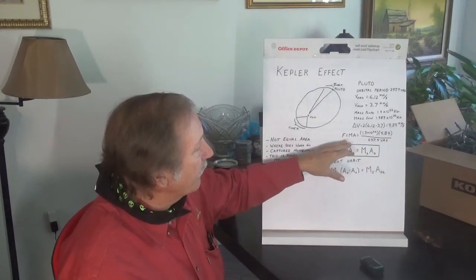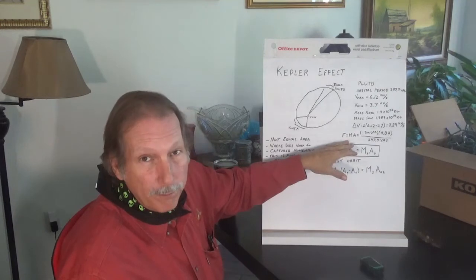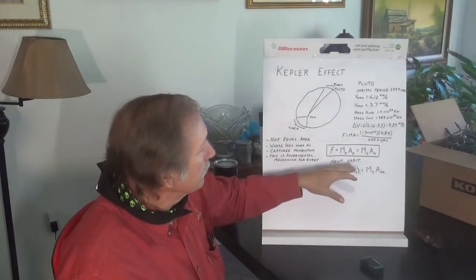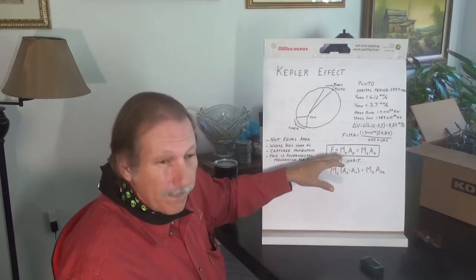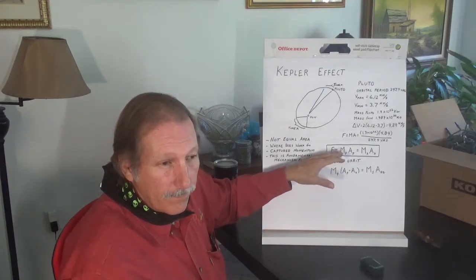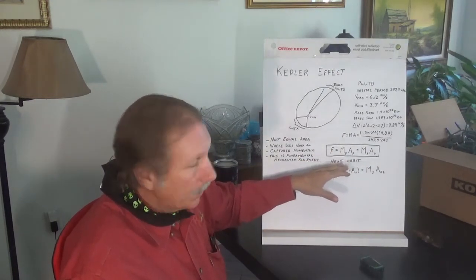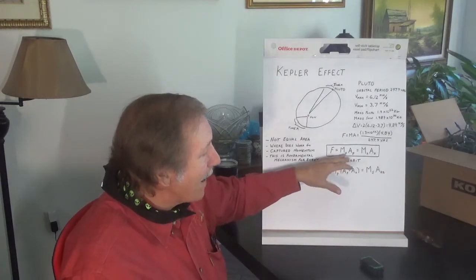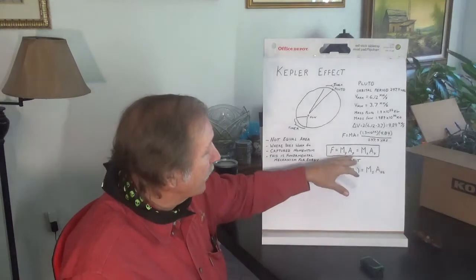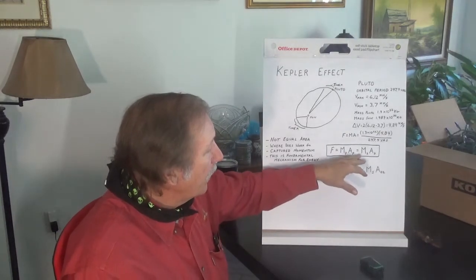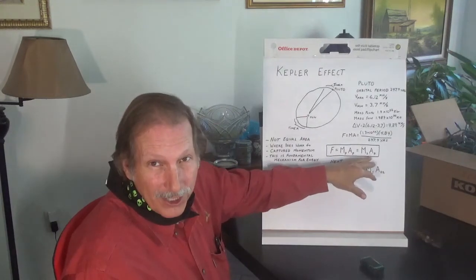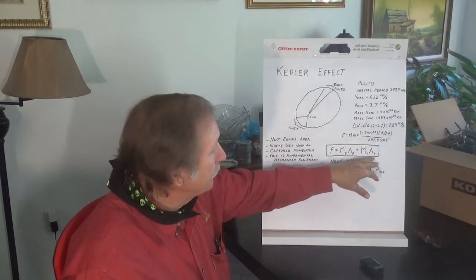So this gives us a force equation for Pluto exerting on the sun. If we equate those, we get the formula that force is equal to the mass of Pluto times the acceleration of Pluto, which equals the mass of the sun times the acceleration of the sun.